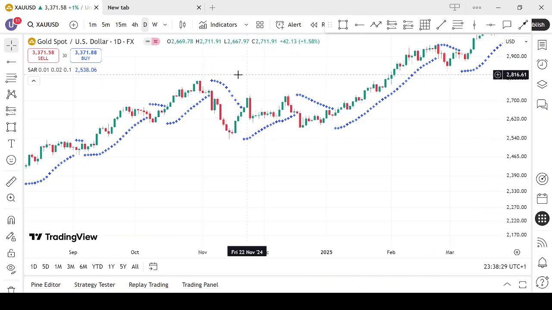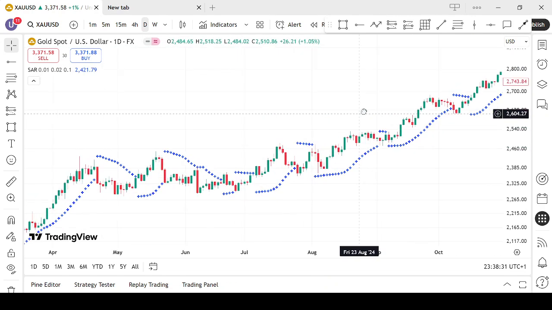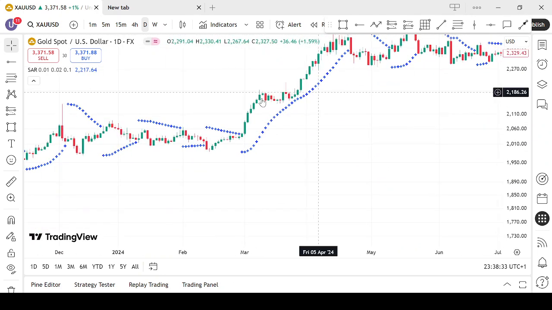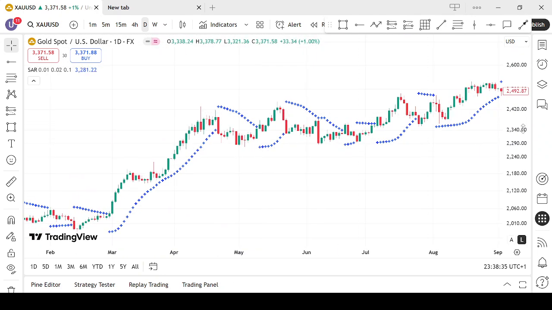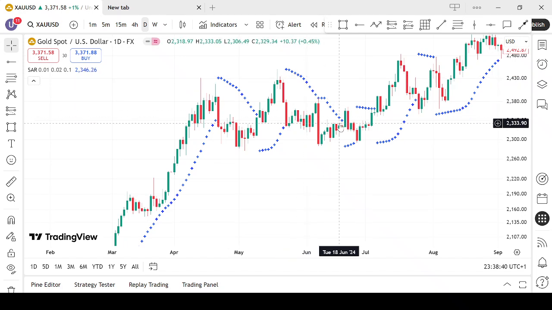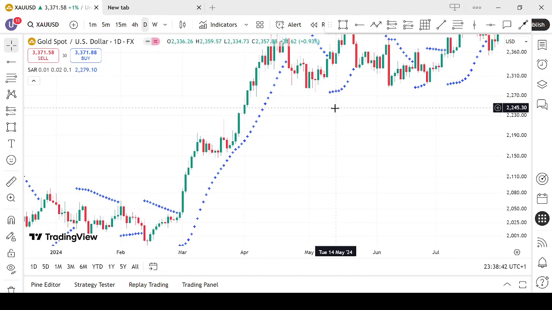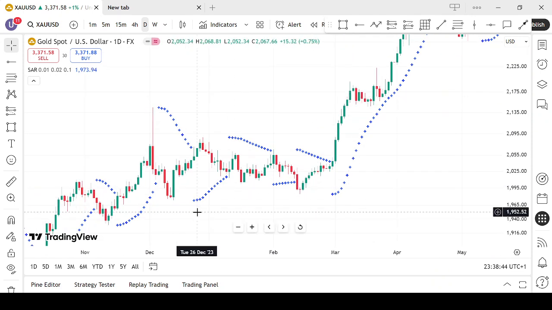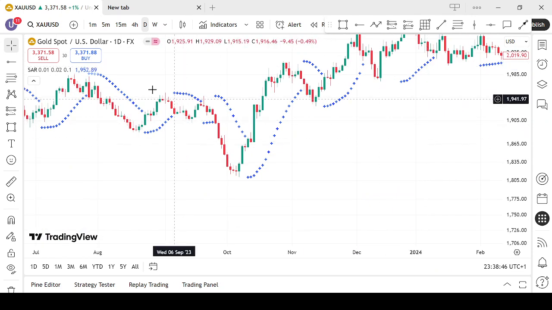When we notice that the Parabolic SAR dots are above price, we should know that it is a selling opportunity and we should be looking for only short trades. This is basically what it means.